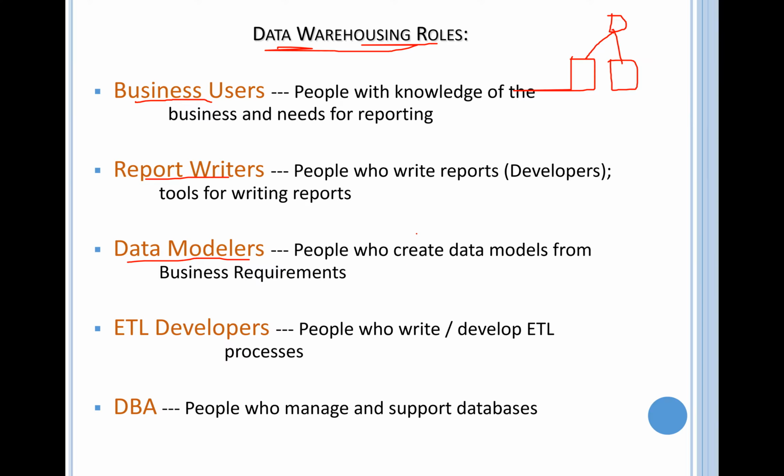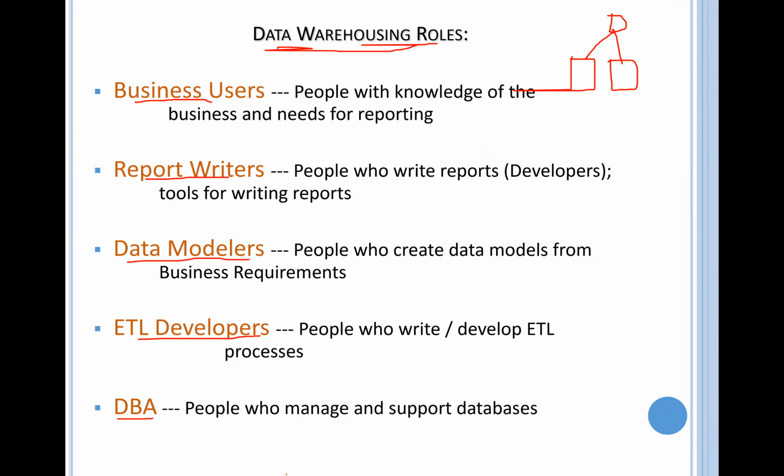You are having star schema, snowflake schema, galaxy schema. What are the different dimension tables we need to have? All these models, the data modeler will create, the ETL developer will load it, and DBAs will maintain all the database related stuff, like what space is required, what users, and access privileges on the database.